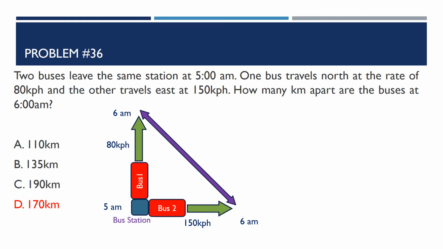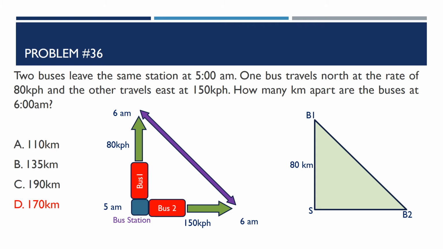So they are forming a right triangle. We have this edge as the bus station, and the remaining two edges are the positions of bus 1 and 2 at 6 a.m. Now, since the interval between 5 and 6 a.m. is 1 hour, that means bus 1 has reached 80 kilometers after 1 hour.